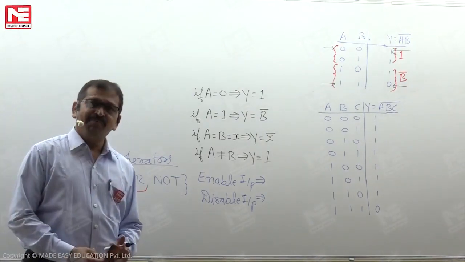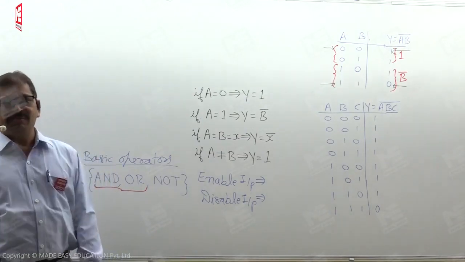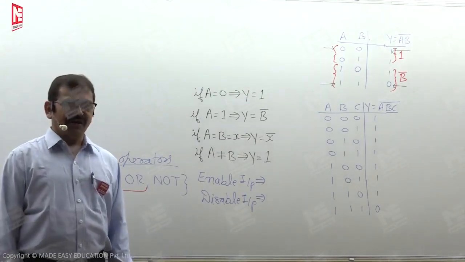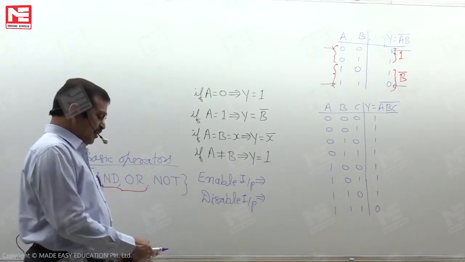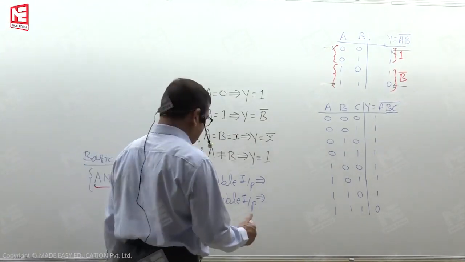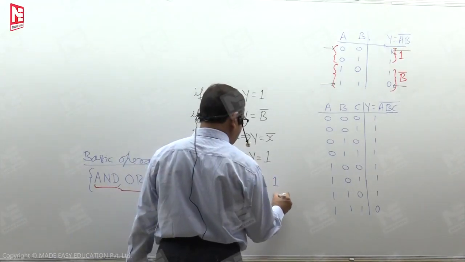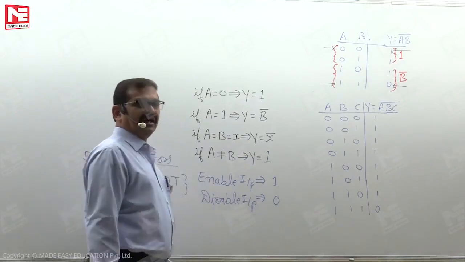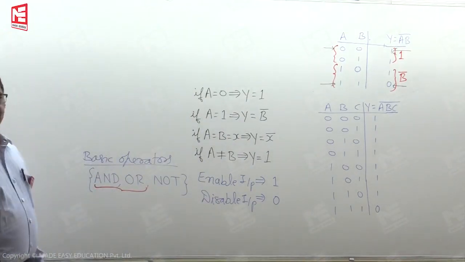We said an enable input will make the device active, and the disable input will make the device inactive. So if you look here, the enable input is 1 and the disable input is 0. It is possible to verify.